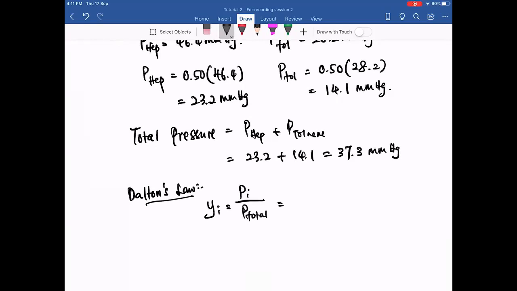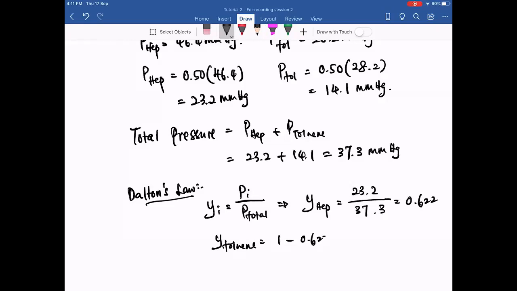So in this case, for heptane, we have 23.2 over 37.3. We have 0.622. So Y taurine, we can either use 14.1 over 37.3, or we can use 1 minus 0.622 because we know the remaining is that. So 0.378.